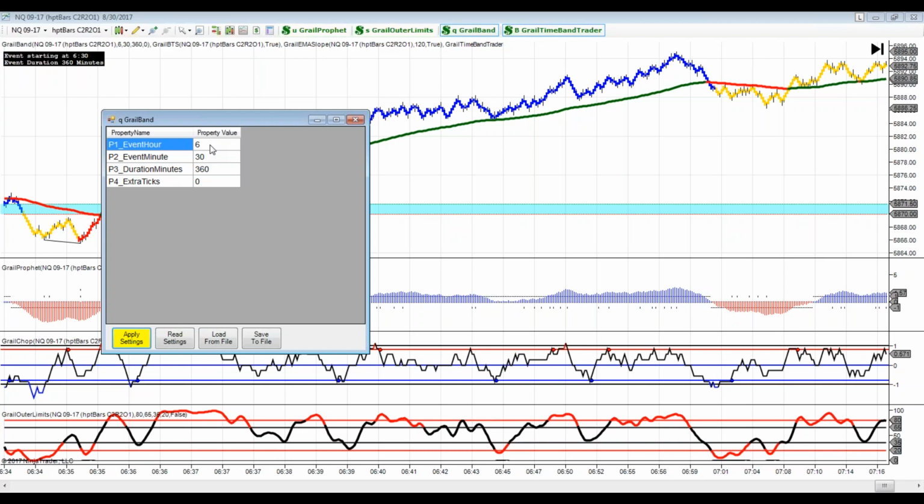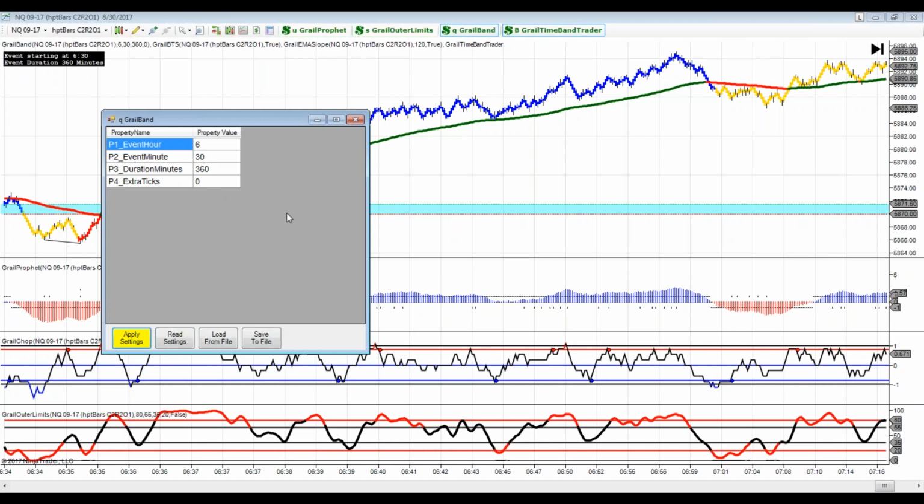So you put the time in here, 6:30, and I'm going 360 minutes, that's 6 hours. The extra ticks, I believe, is defaulted to 1. I always change it back to 0, because it expands the band by the number of ticks above and below that you put in here.